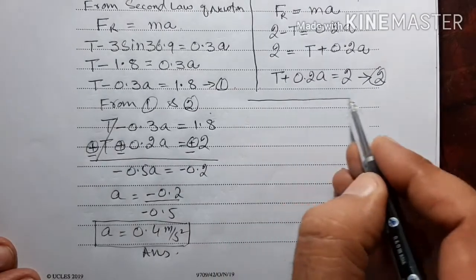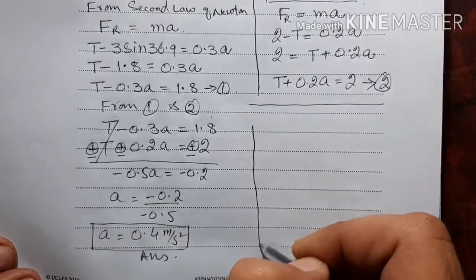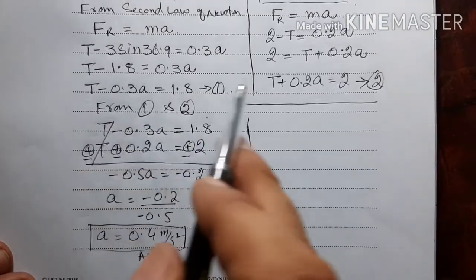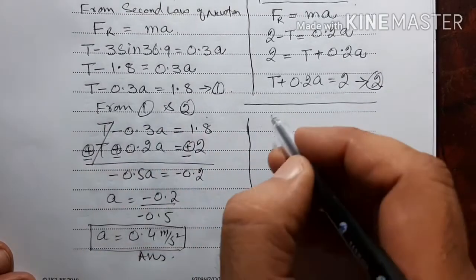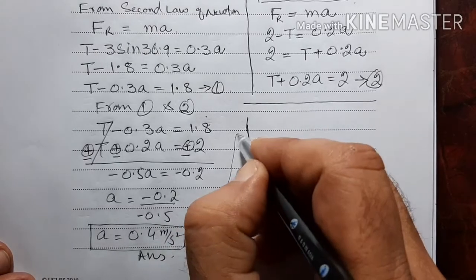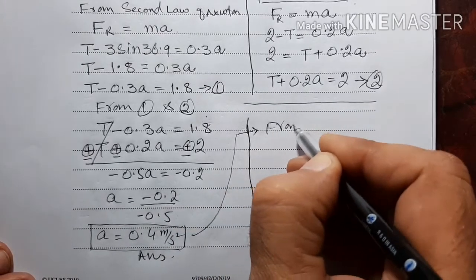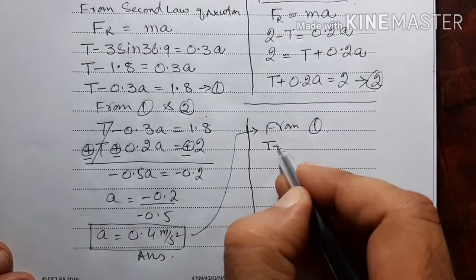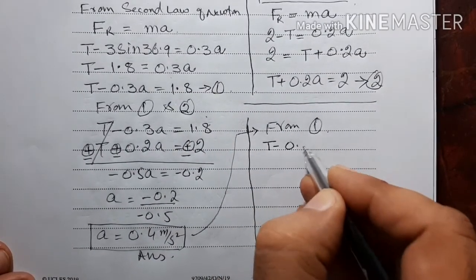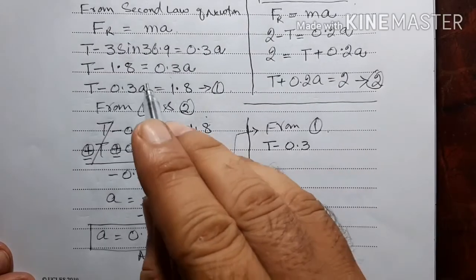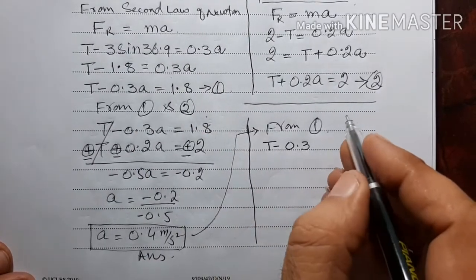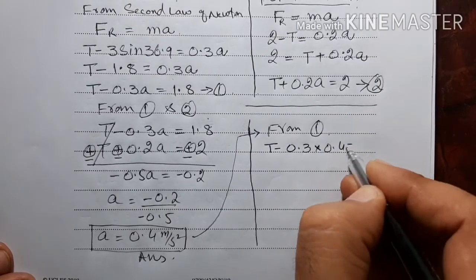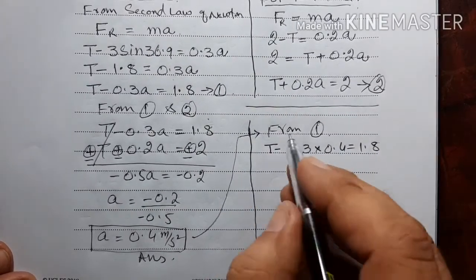We also need tension. So for this tension, we will put the value of a in any one of the equations, either in 1 or 2. So from 1, T minus 0.3a, the value of a is 0.4, is equal to 1.8.